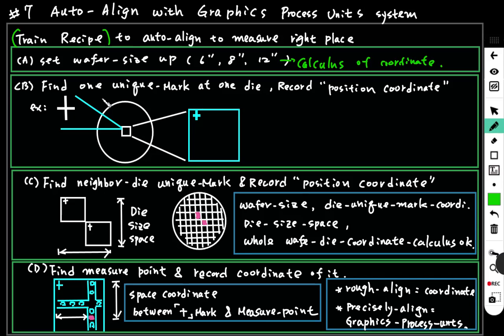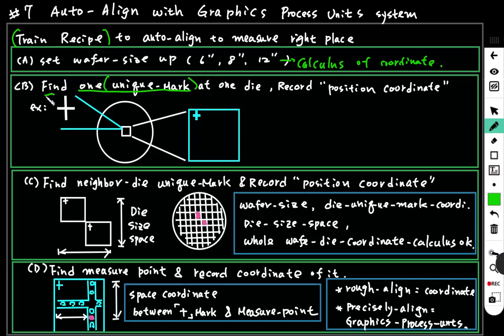We use the visual system as we talked about last time. We are going to find the one unique mark at one die. Use the visual system.